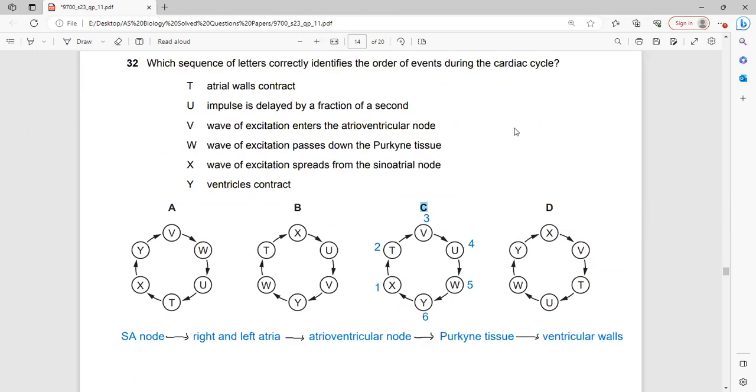We're going to see that the sequence of blood flow is mentioned. So the blood flow in the heart. In a cardiac cycle, we have a sinoatrial node, which will give electric supply to the right and left atria. There will be contraction of the right and left atria, and blood will transfer from the atrium to the ventricle.